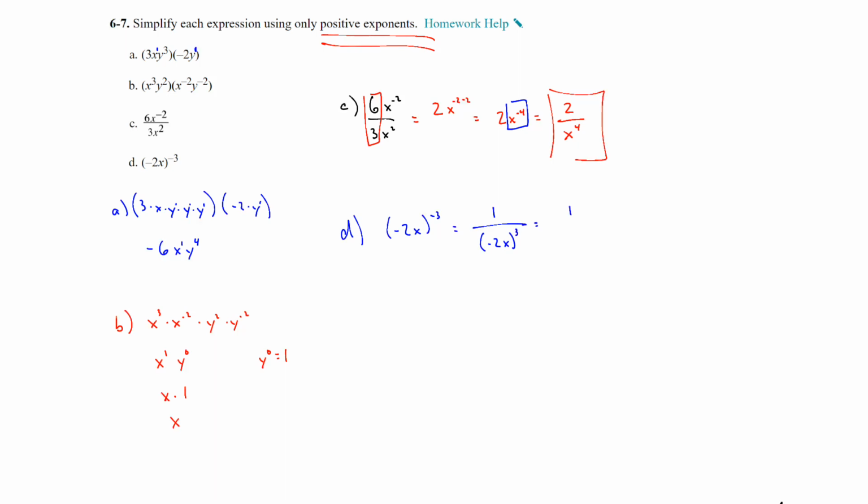And so now if you think about expanding it out, this is negative 2x times itself 3 times. And so that's equal to 1 over negative 2 times negative 2 times negative 2 is negative 8. And then x times x times x is x to the third. Normally we don't write the negative in the denominator, so you can either put it out front of the fraction or in the numerator. But it's still 1 divided by 8x cubed, and it is negative.